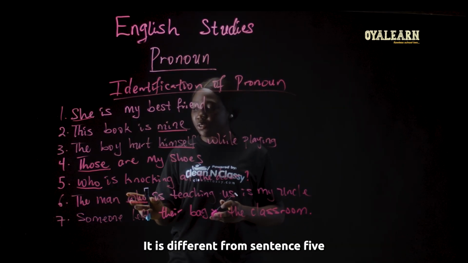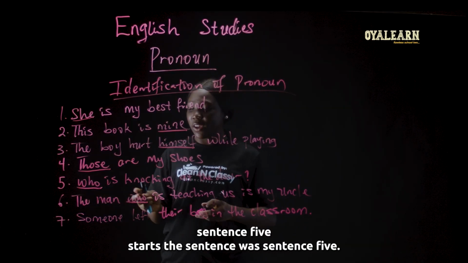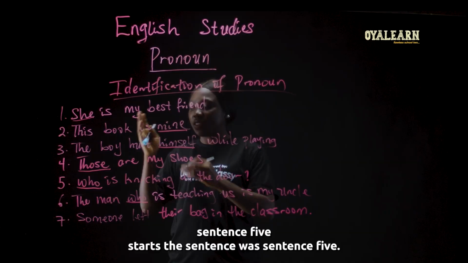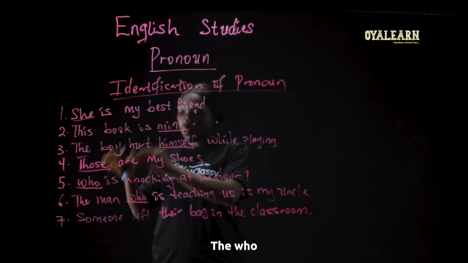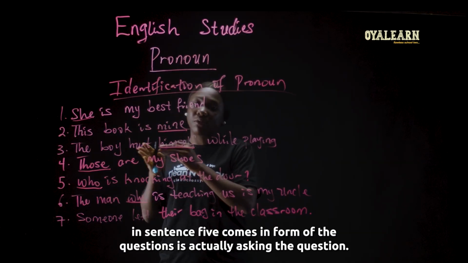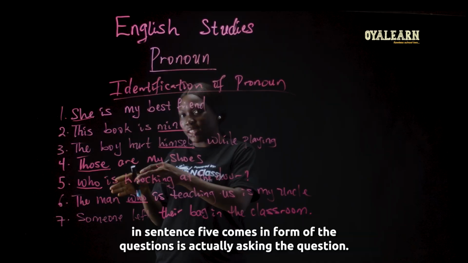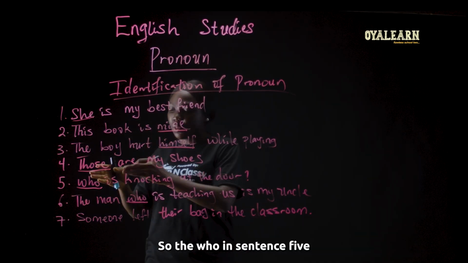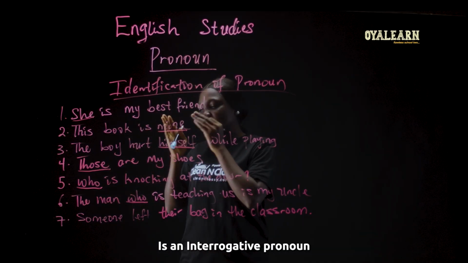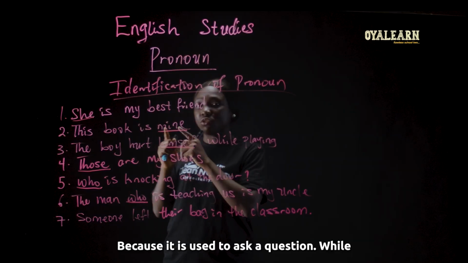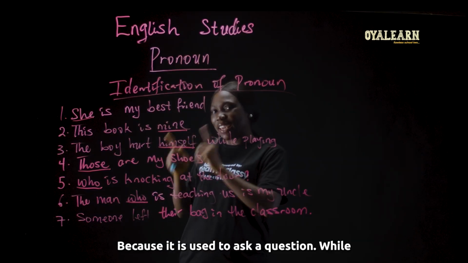The who in sentence 5 comes in the form of a question. It is actually asking a question. So the who in sentence 5 is an interrogative pronoun because it is used to ask a question.